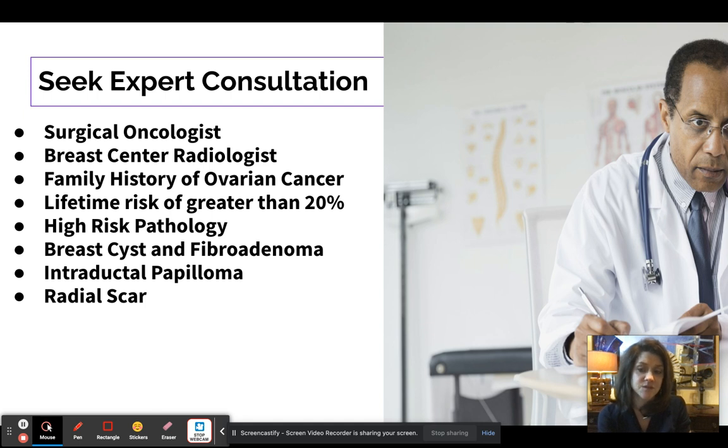These have a 10 to 20% chance of harboring a DCIS or an invasive ductal carcinoma, and also a radial scar. They have about a 10% chance of harboring DCIS. So those should always be sent to a surgeon.